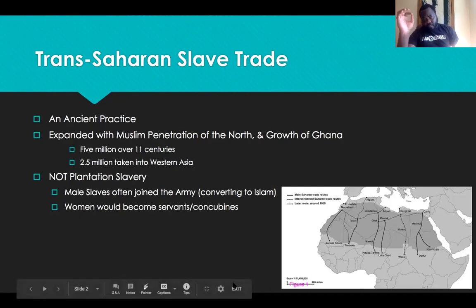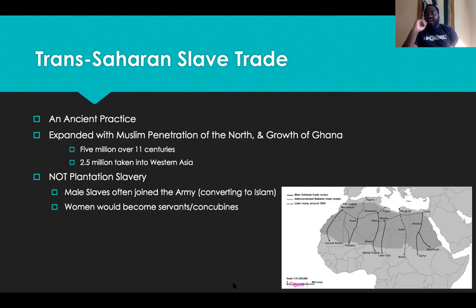And why is that important? Well, religiously, as part of Islamic expansion, it is against the religion to enslave other Muslims, right?